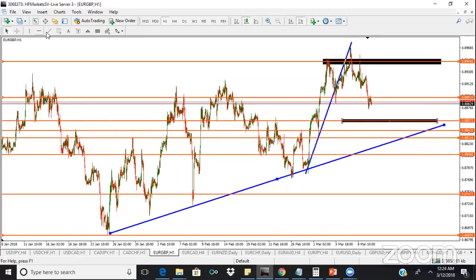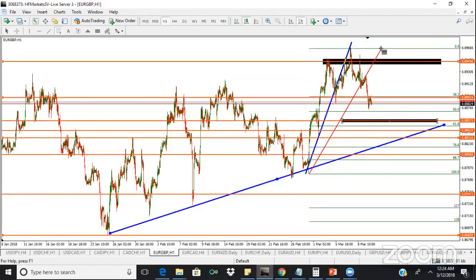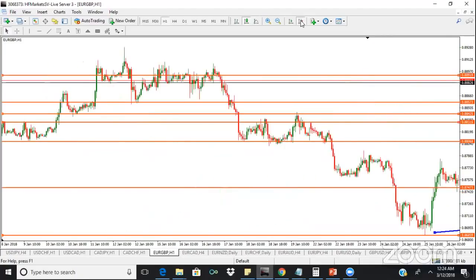But I started where those zones are. If you draw a Fibonacci, can you see a 61.8? That's the Fibonacci. You can see it has broken the 38.2.